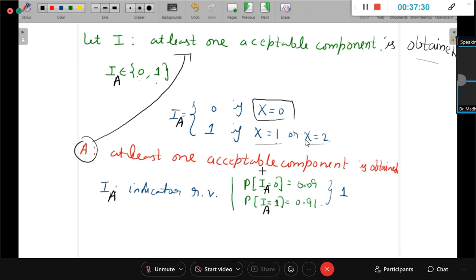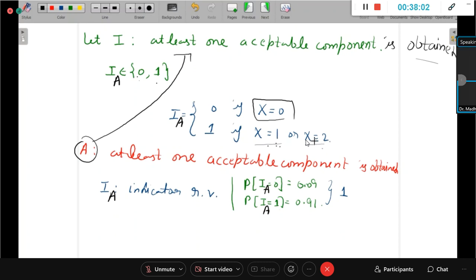Now you have I_A as the indicator random variable, and you can assign probabilities to each value. So I_A equals 0 means A does not occur, means no component is acceptable, means defective components, and it comes with probability 0.09. You have another value of the indicator random variable, that is 1, the case that event A occurred, so either x equals 1 or x equals 2.